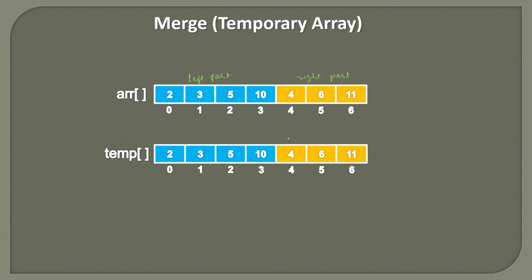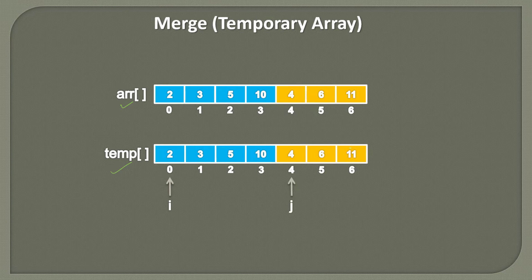After we copy every element like this, this array is our original array, and we have taken every element into the temporary array. Now we create pointers which traverse the left part and the right part, and based on our comparison, the original array is filled. So here we take I for the left part and J for the right part.